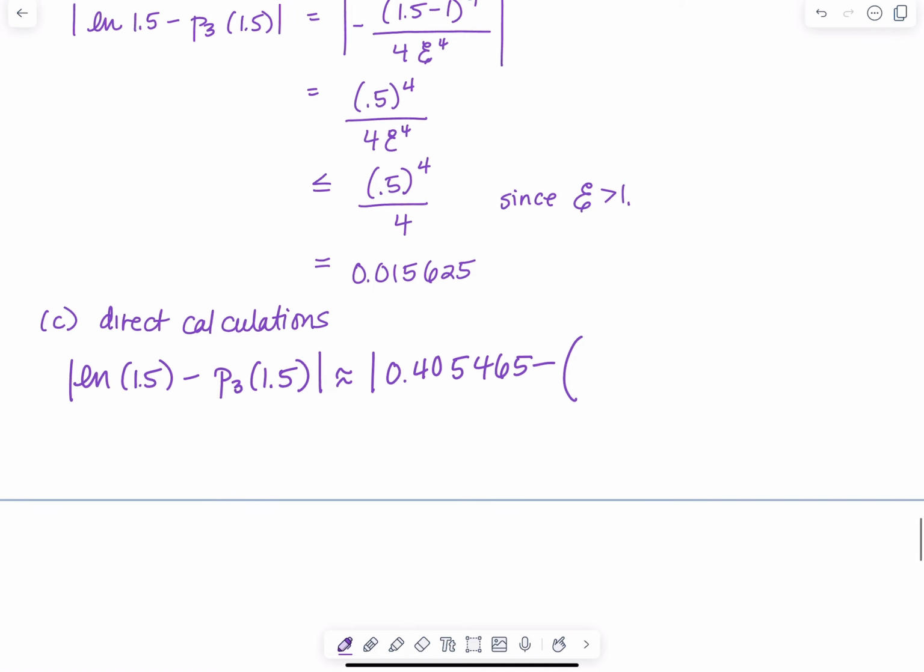So we have 0.5 minus 0.5 squared divided by 2 plus 0.5 cubed divided by 3.